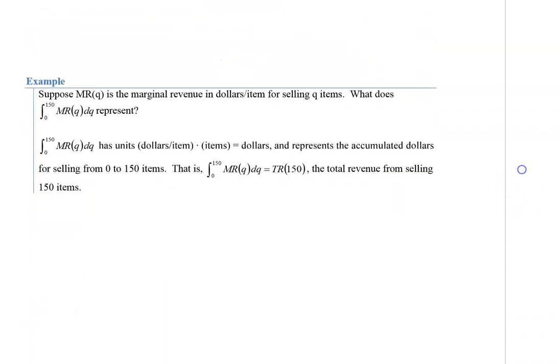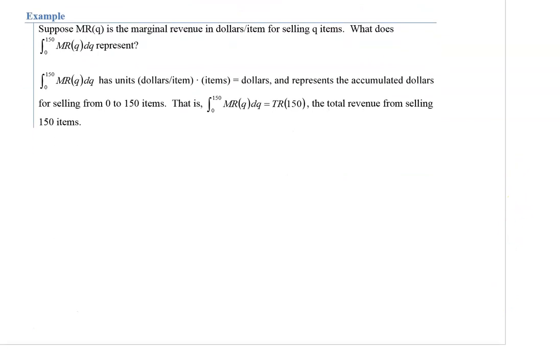Now, we can't be in business calculus long without going into some of our business terms. So it says, suppose MR of q is the marginal revenue in dollars per item for selling q items. And if you remember from the previous chapter, whenever we see this word marginal, that meant we were taking the derivative of a revenue function. So it says, what does the integral from 0 to 150 of MR(q) dq represent?